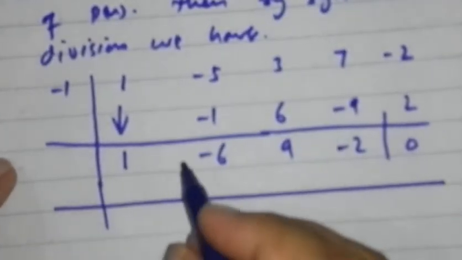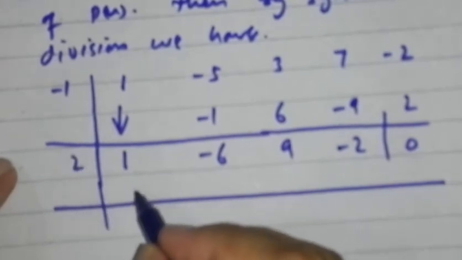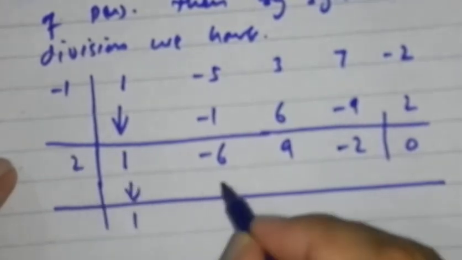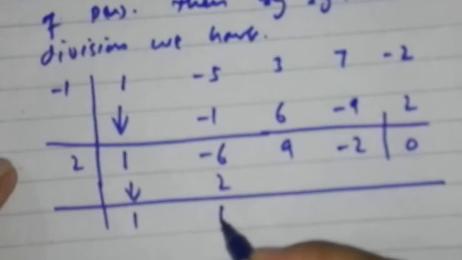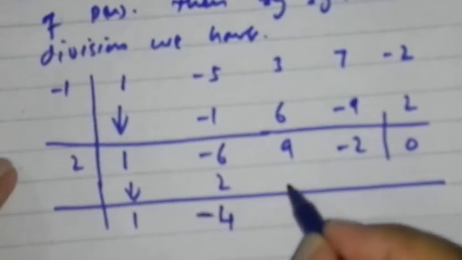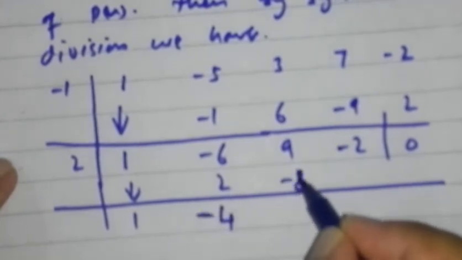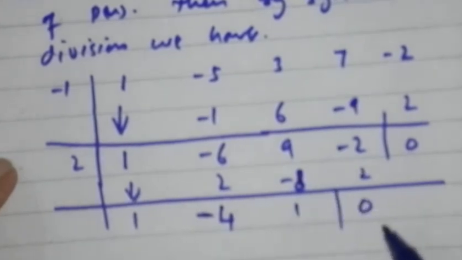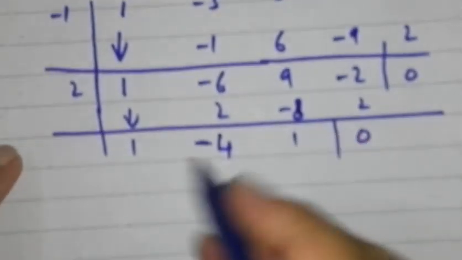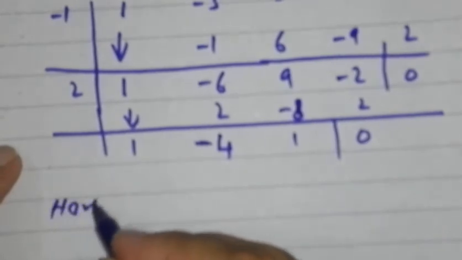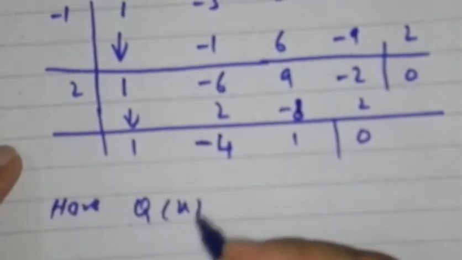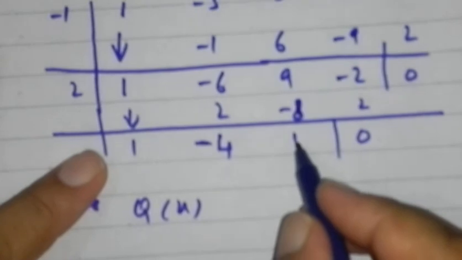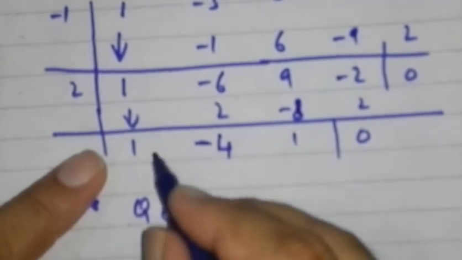Now take the other root which is 2, shift this one down, 2 1s are 2, here we get minus 4, 2 4s are minus 8, here we get 1, and 2 1s are 2, we get 2, remainder is 0. So here quotient q of x is x power 0, x power 1, x square.